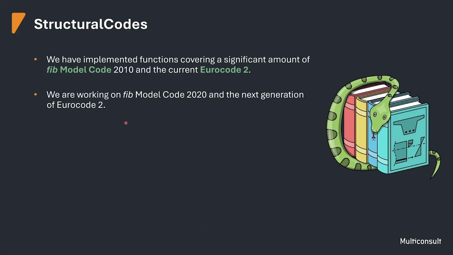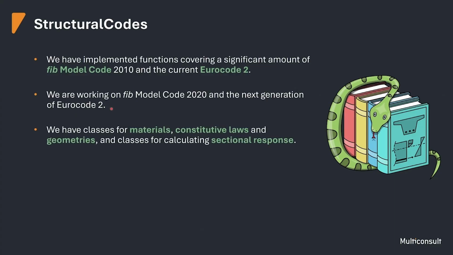We are working on the new fib Model Code, so fib Model Code 2020, and also on the next generation of Eurocode 2. So we have some code already available inside the library, and we have some open pull requests on GitHub that are under review. We also have different classes for materials, constitutive laws, geometries, and classes for calculating sectional response.